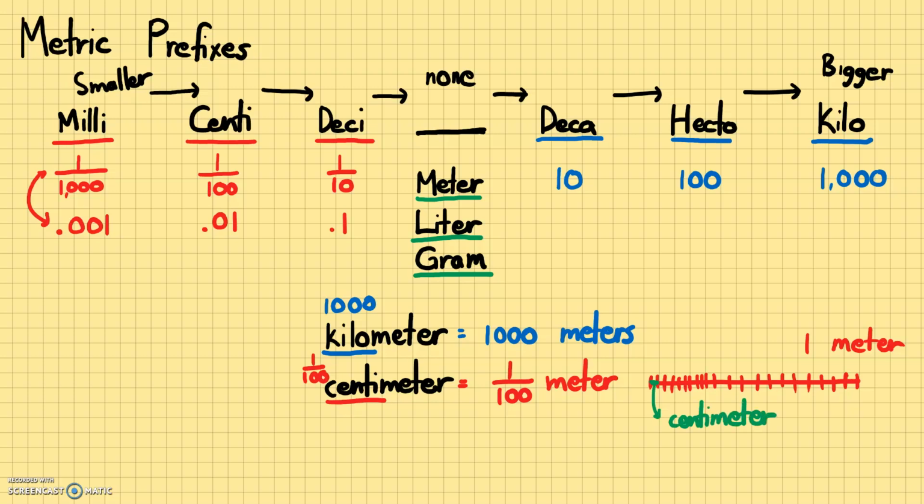Okay, so centimeter is really small. And millimeter is even smaller because you'll have to cut it up into 1,000 pieces. So it's going to be like really, really small. You have to cut this up into 1,000 pieces. And one of those 1,000 little pieces is millimeter.